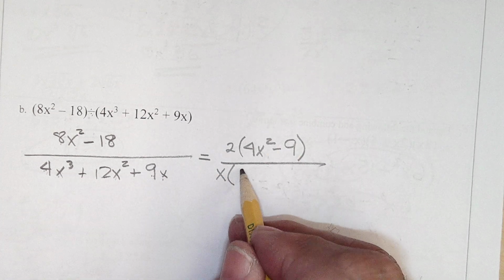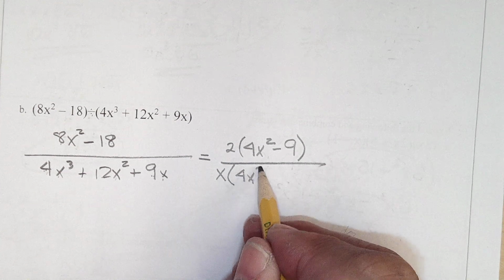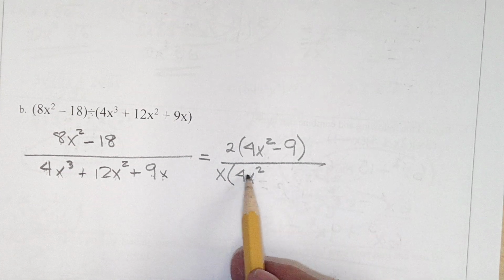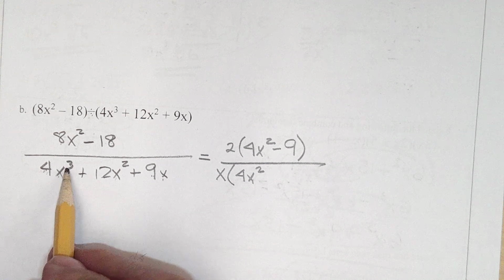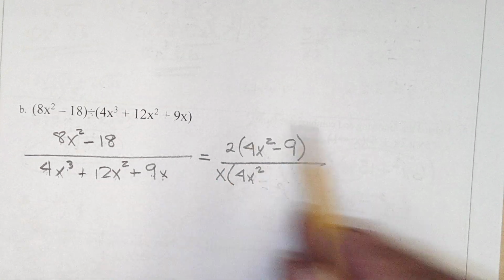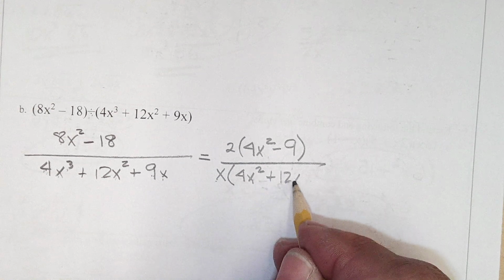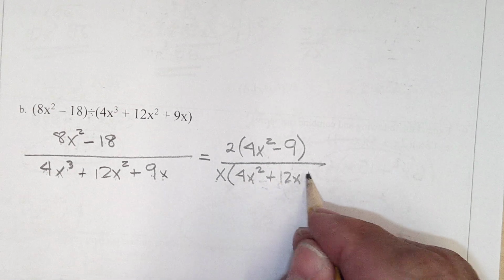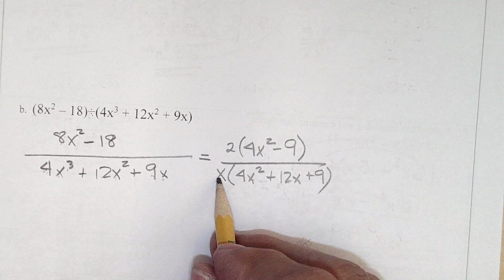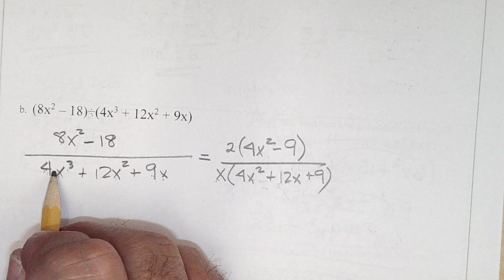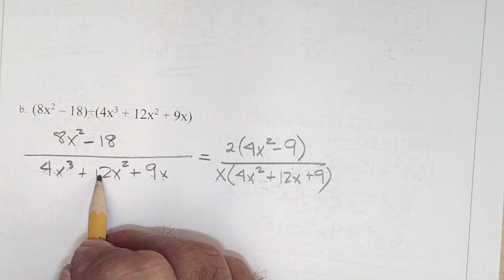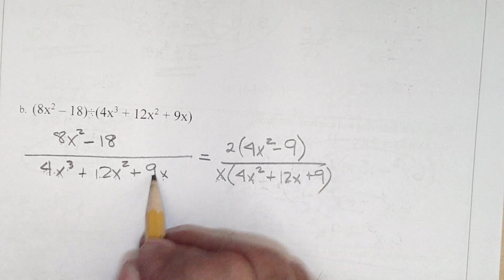So this would change to 4x squared, because x times 4x squared is 4x to the third, and this would become plus 12x, and this would become plus 9, because x times this makes that, x times that makes that, and x times that makes that.